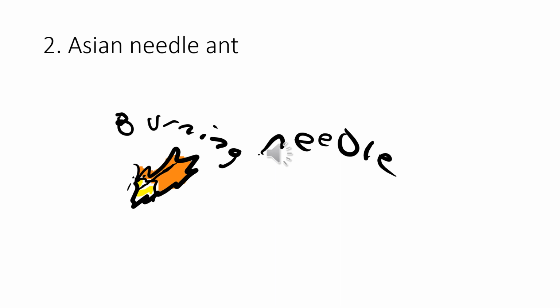Because some ants are vital to the environment, like carpenter ants. Wait, not carpenter ants, sorry, I meant red ants. Carpenter ants probably hurt the environment more. So watch out for these guys. Scientists say that their sting hurts like a burning needle.